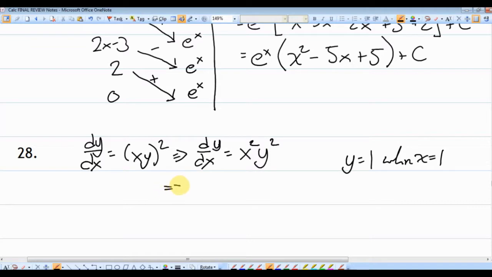You're going to want to separate variables. Hopefully you understand that 1 over y squared is the same thing as y to the negative 2 power.